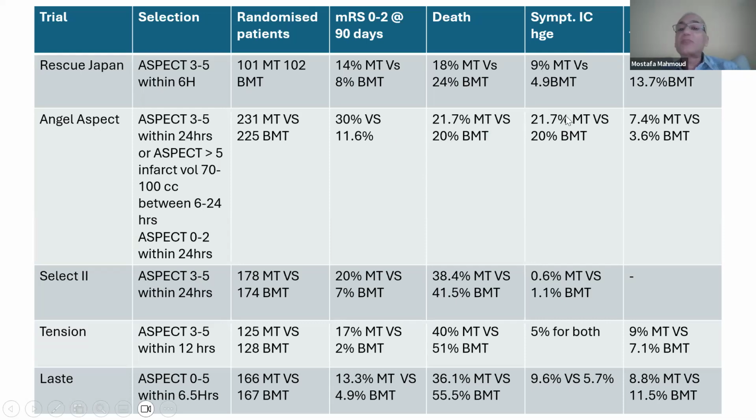Look at ANGEL-ASPECT, 21 in mechanical thrombectomy versus 20% in best medical treatment. 0.6% in mechanical thrombectomy in SELECT2 versus 1%. 5% in the TENSION trial for both. Last trial, 9.6 for mechanical thrombectomy versus 5.7 for best medical treatment. And the rate of hemicraniectomy was similar, around 10%.